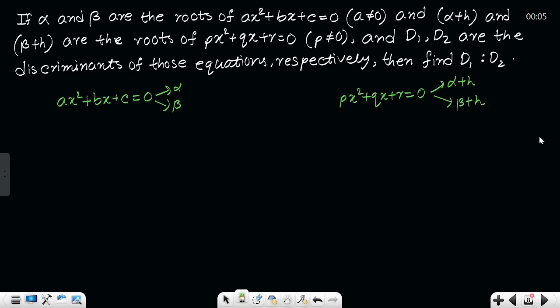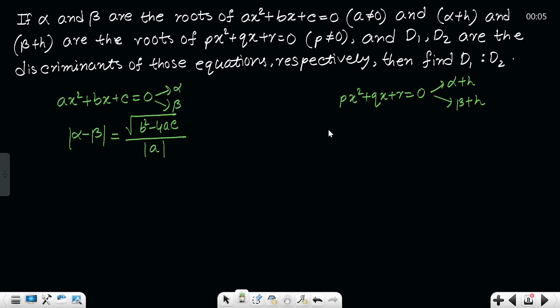Okay. So what we can do, if we try to find alpha minus beta, then see what will happen. Actually, we need to find mod of alpha minus beta, right? So it is root d by mod a, right? So root d is here b square minus 4ac, simple, divided by mod a, no problem.